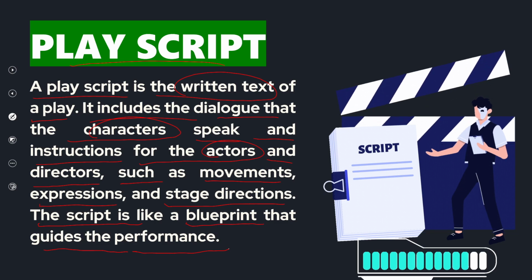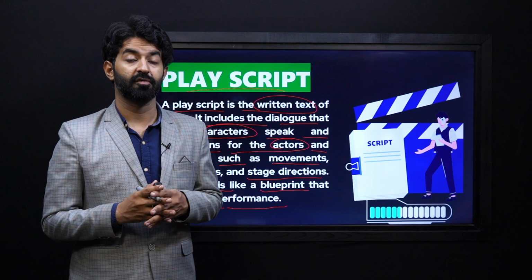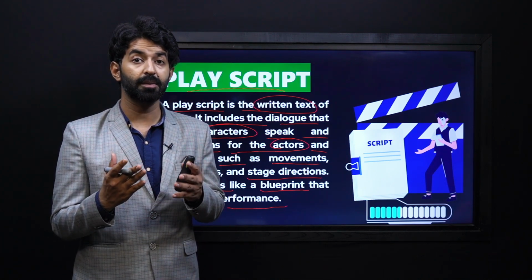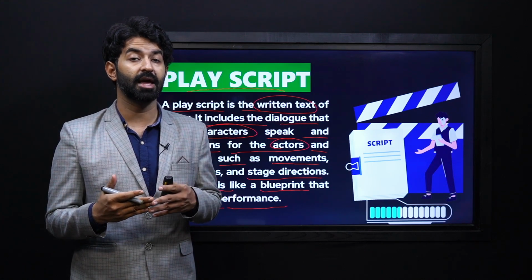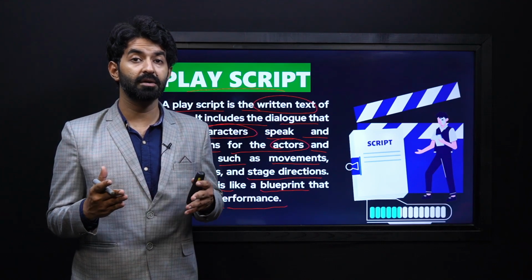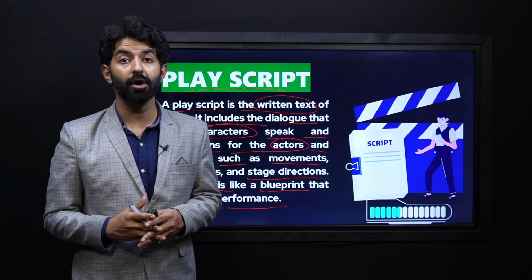So, we know that plays are performed live on stage, but there needs to be something written so that the actors can memorize to perform, and so that it can be directed and presented well before the live audience.